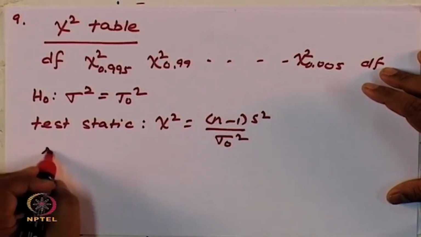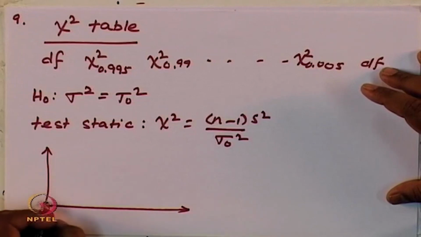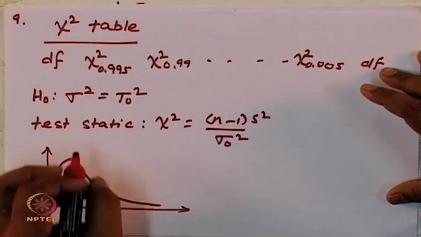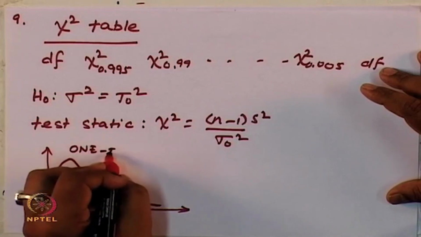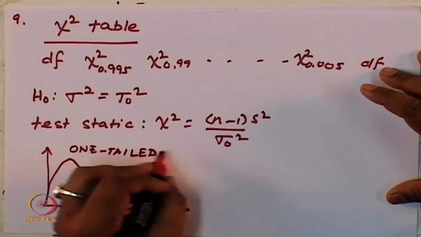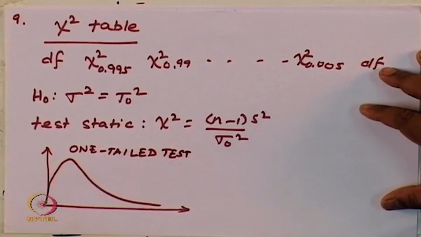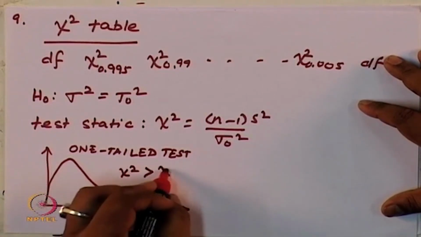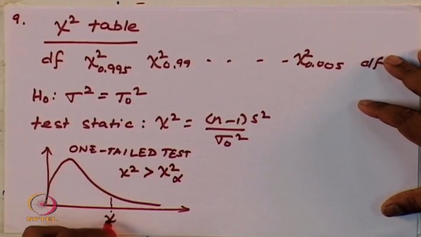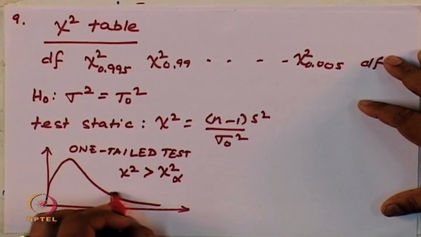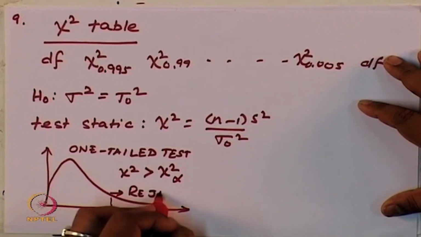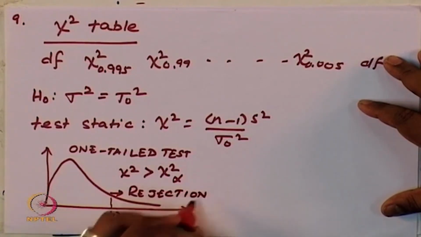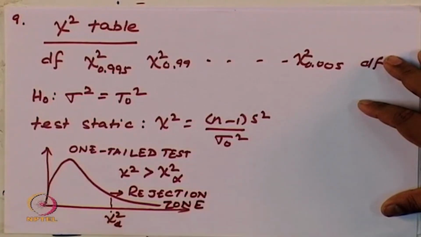For a one tailed test, your hypothesis is not true if your chi square is greater than chi square of alpha. So, this is your rejection zone or rejection criteria.